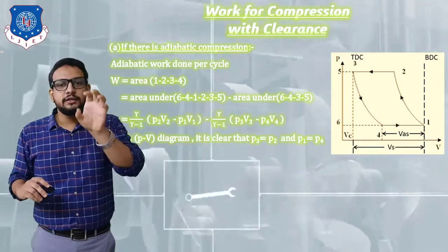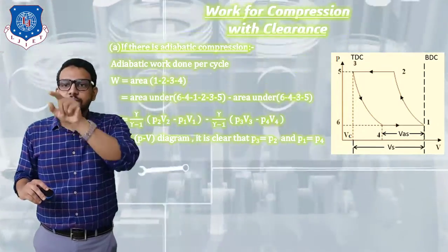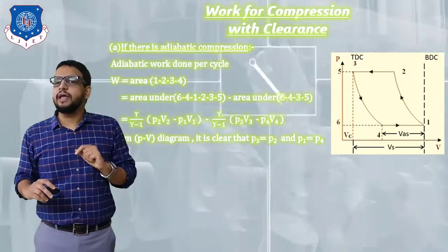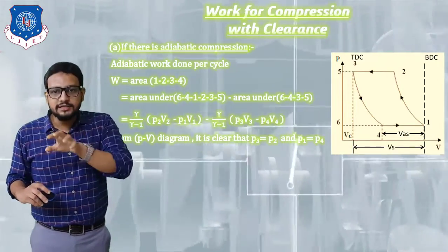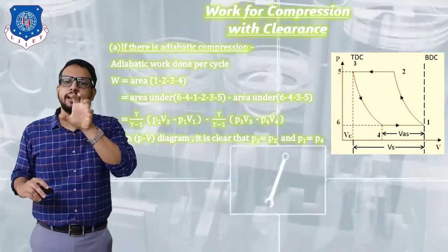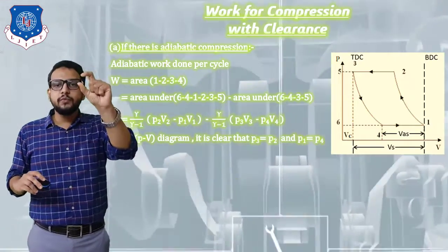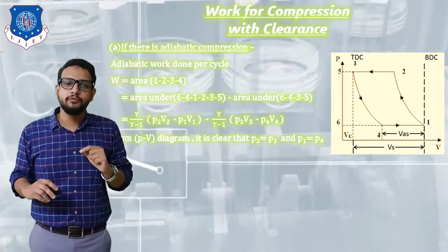This is the equation for work input for the area under 6, 4, 1, 2, 3 and 5. Subtracting the area under 6, 4, 3 and 5, it is equal to minus gamma upon gamma minus 1 P3 V3 minus P4 V4.